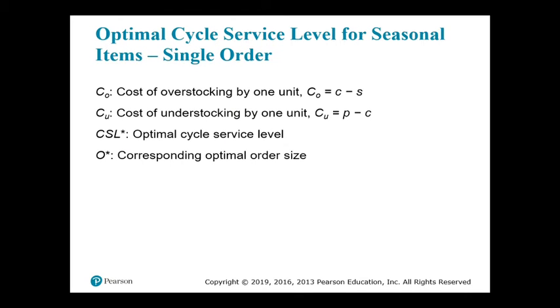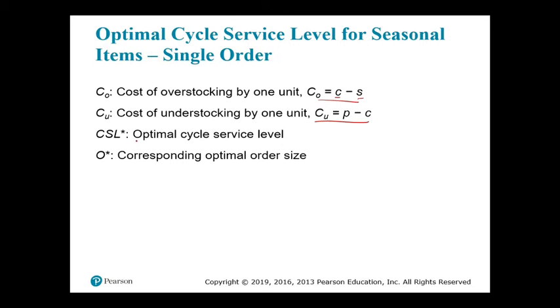So again, we're given various inputs. The cost of overstocking, which we calculated as the cost of acquiring an item minus the cost of salvaging an item or selling it after the season. And then the cost of understocking is basically the lost profit margin.